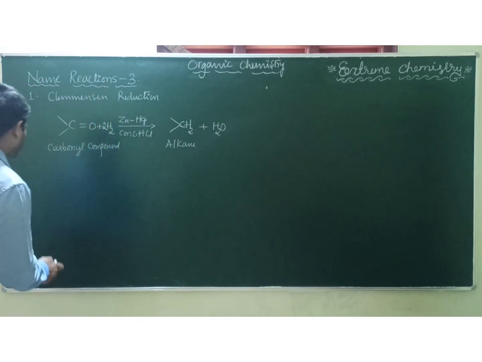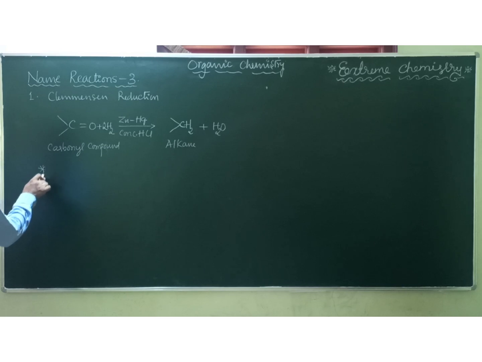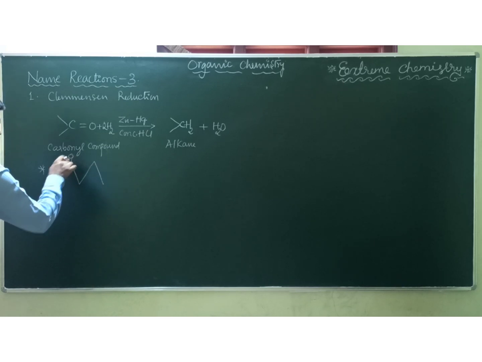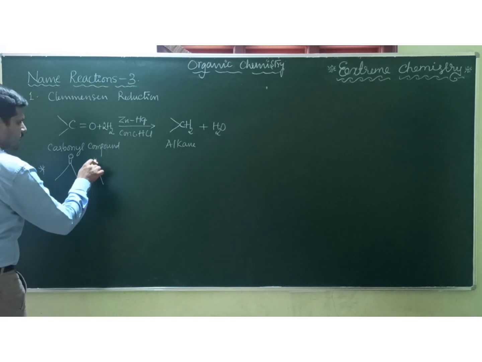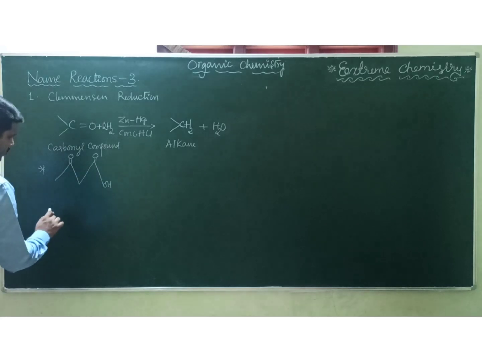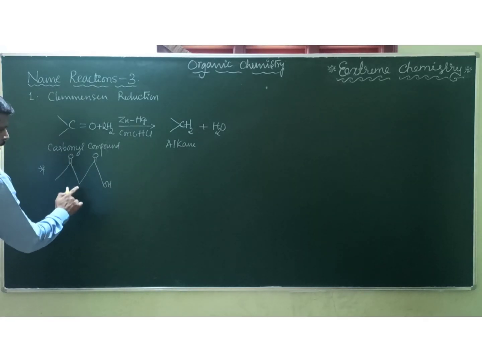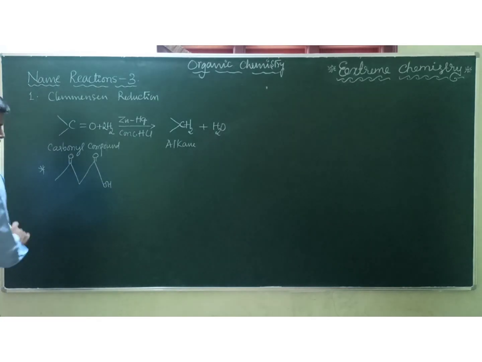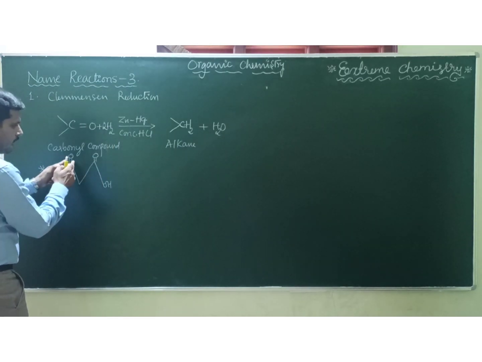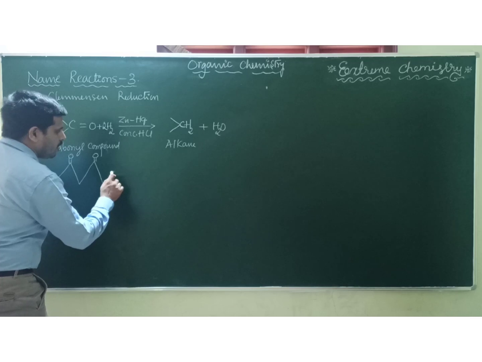So let me write those two important points. First one, let me take this example. Here I have a ketonic group like this, and this is my carboxylic group, C double bond O OH. So CH3, C double bond O, CH2, COOH compound. This exactly fits our condition now: carbonyl along with the carboxylic group.